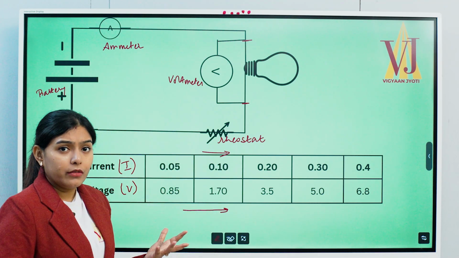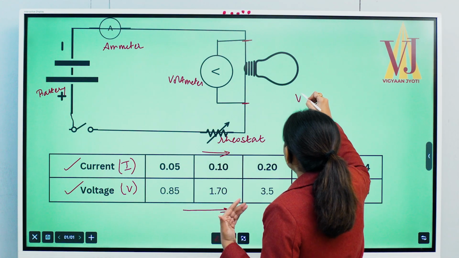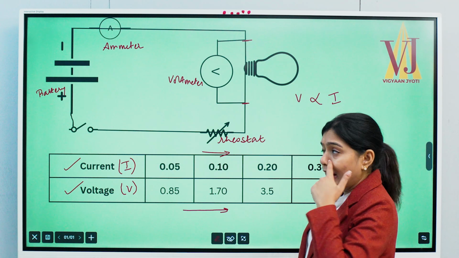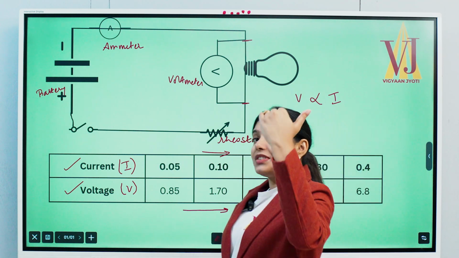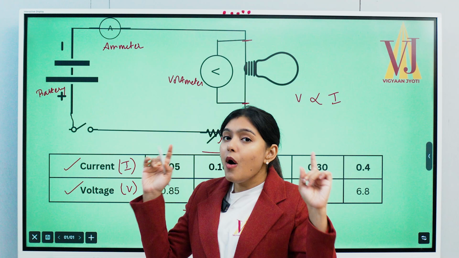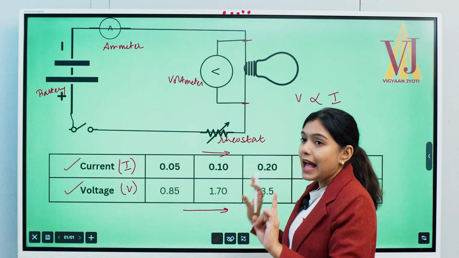He found that as the voltage increases, the current also increases, under the condition that all other factors and parameters are kept constant. This is what he observed.